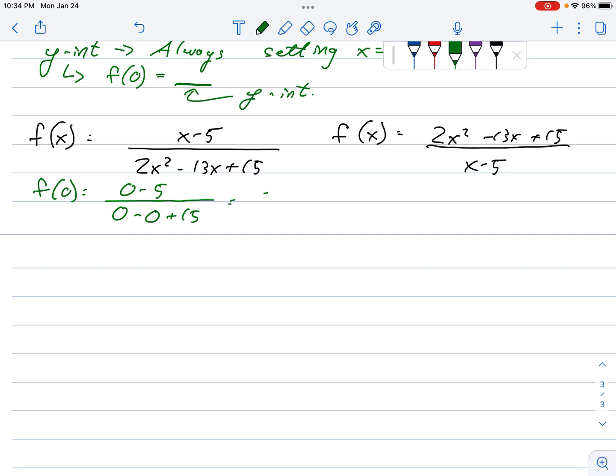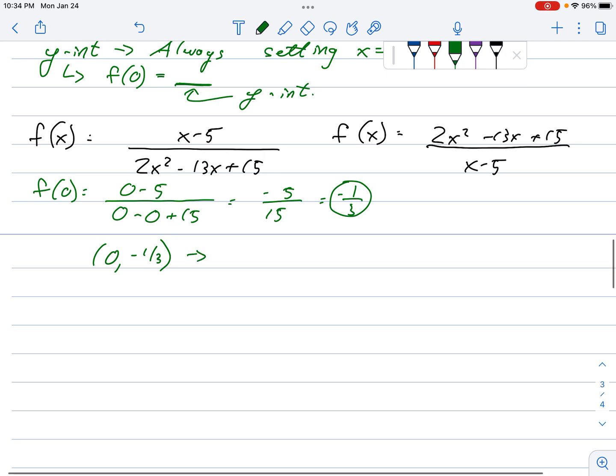So this simplifies to just a negative 5 over 15, so negative 1/3. So that's my Y-intercept. Writing it as an ordered pair would be 0, comma, negative 1/3.